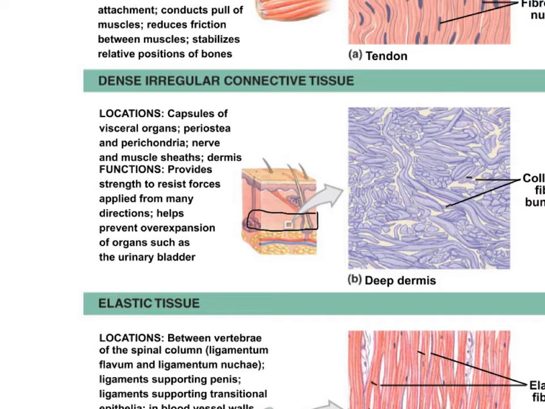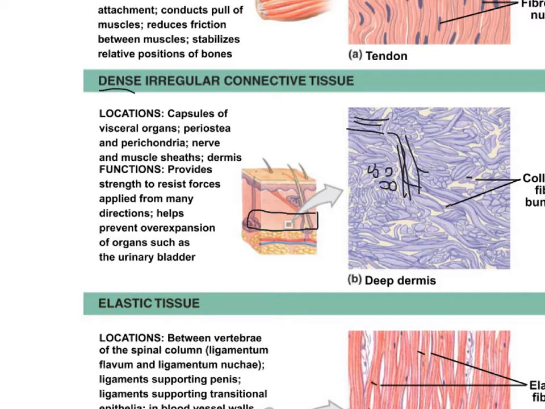And when we look at the picture, we can see that all of these fibers and these cells are close together. They're tightly packed together. So it's dense, and it's irregular because if we look at the direction they're going, some of them are going this way, some of them are going this way, some of them are coming straight out at you.